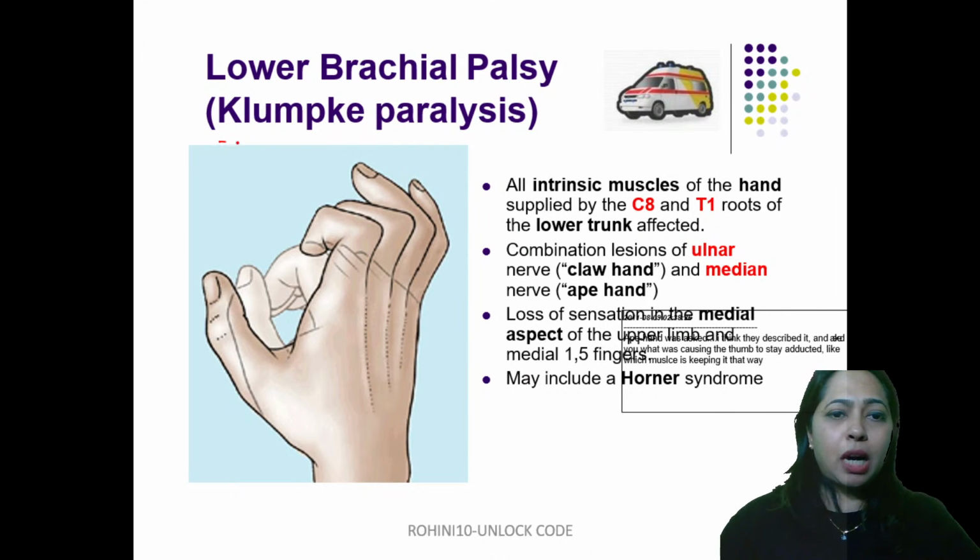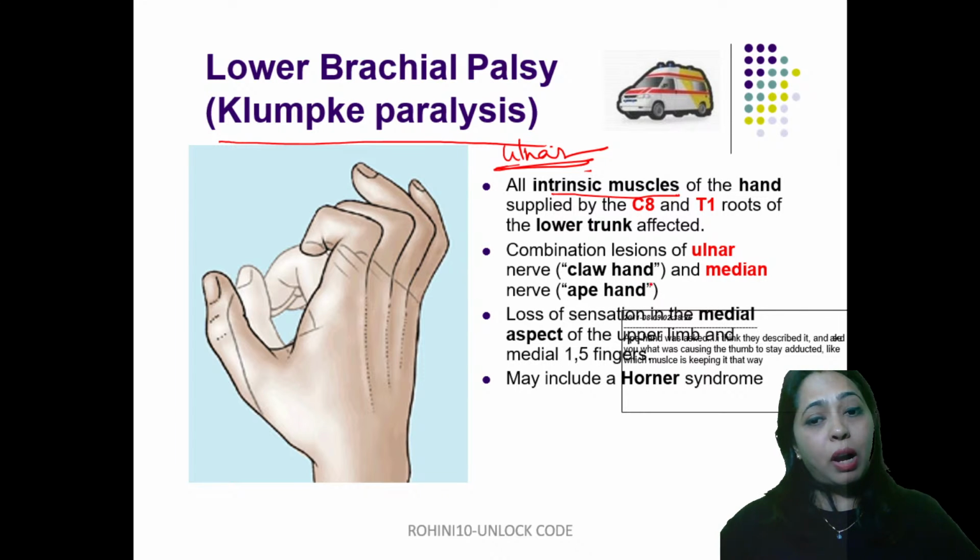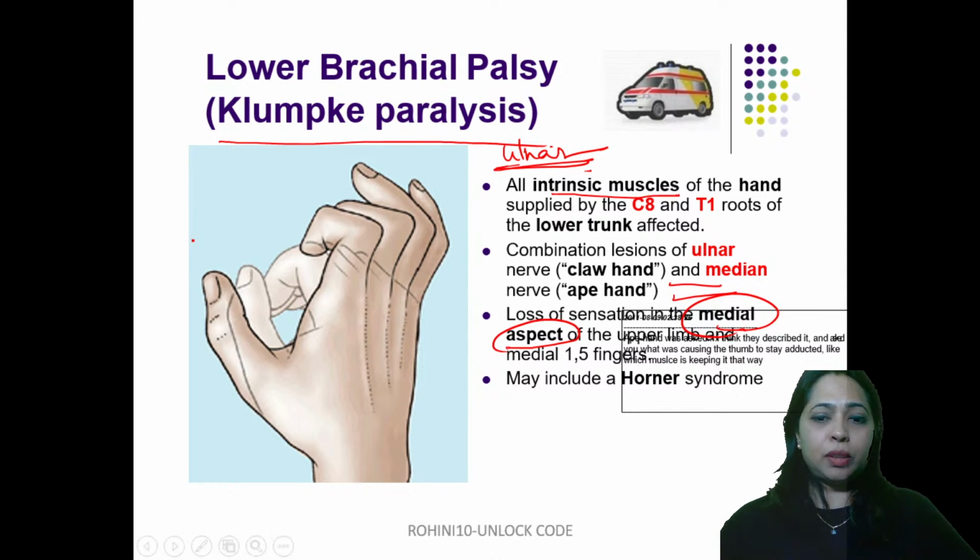Next, this is how it looks. The lower brachial palsy. All these intrinsic muscles which are supplied by the ulnar nerve are affected. Okay. Now combination lesions, you may see some claw hand. You may also see ape hand. And there is also loss of sensation on the medial side of the fingers.